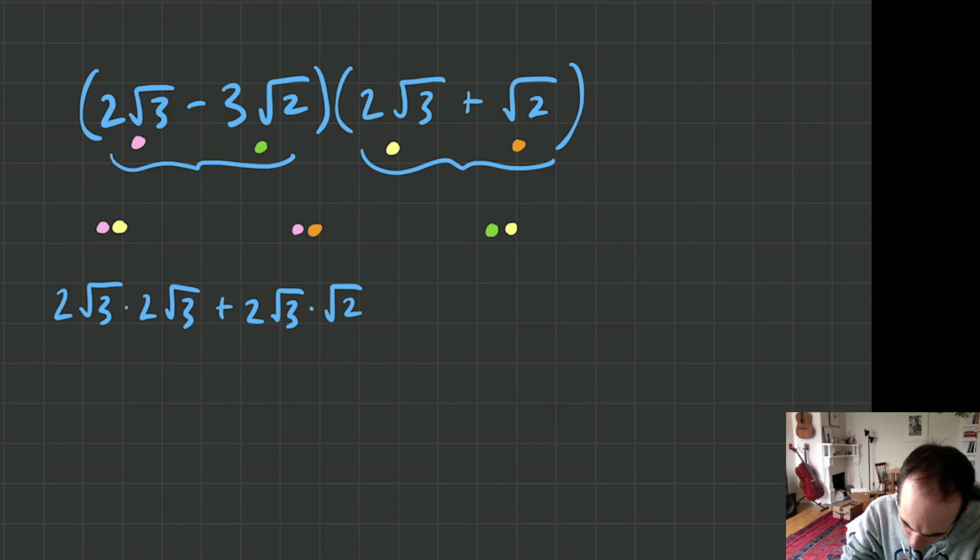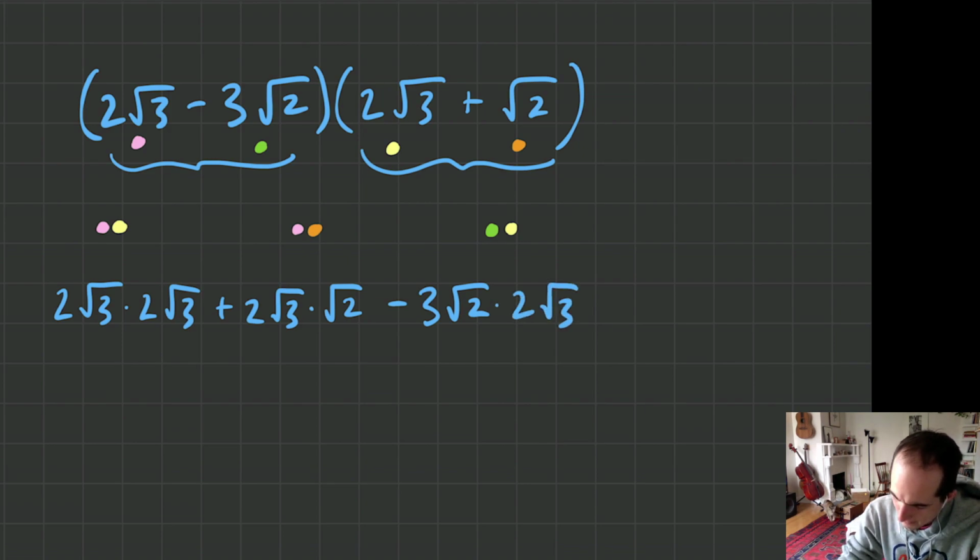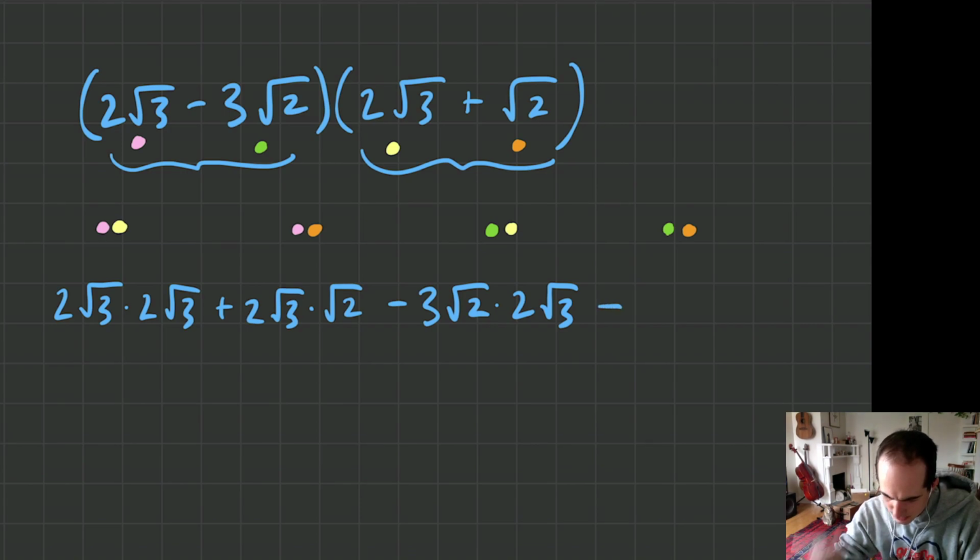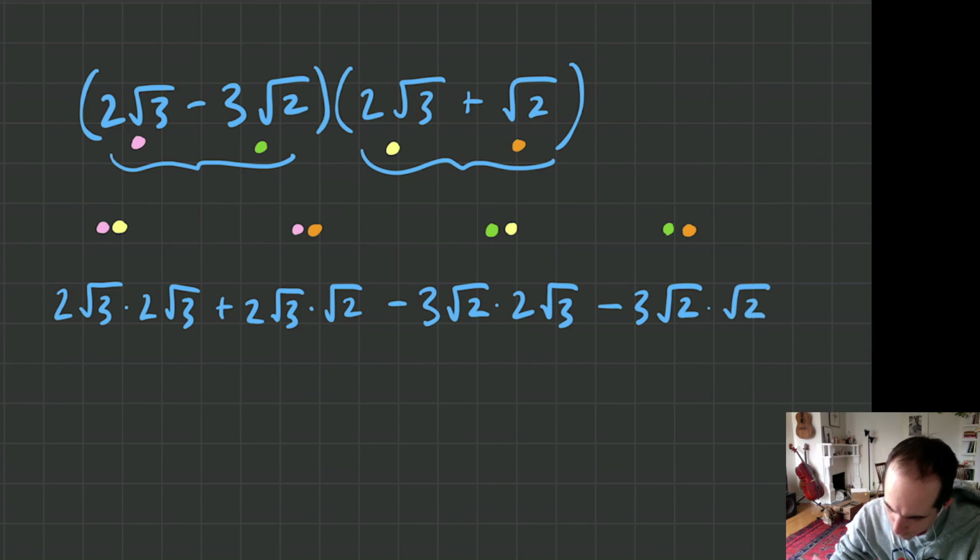So all of these are going to be minus. So I've got minus 3 root 2, and I'm going to multiply that by 2 root 3. And finally, green and orange all together. Don't forget, it's also minus. So I've got minus 3 root 2 times root 2. Okay, so that looks good.